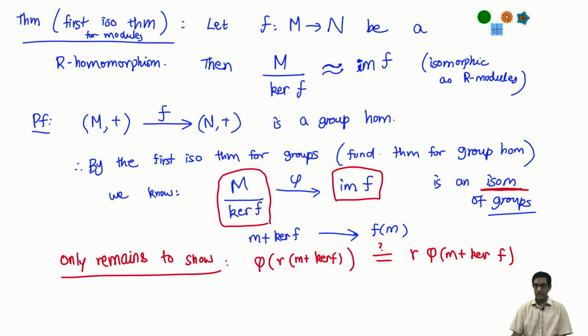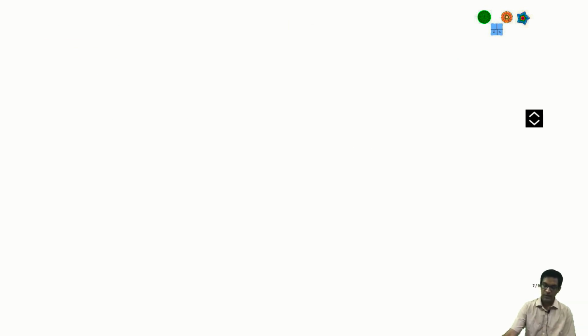If I check this, it means that I can pull out the ring elements r. So I have to check this for all ring elements r, for all elements m of M. Let's just use the definition of phi and check what the left hand and right hand sides will be.